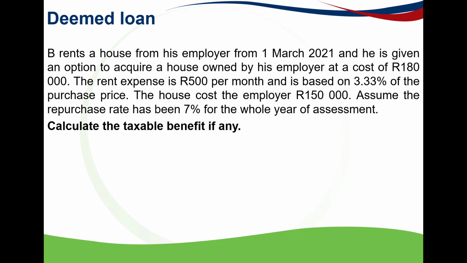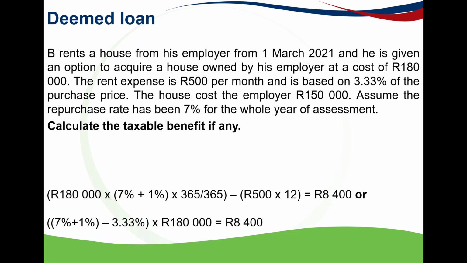We will take the cost that the employee would buy this house at, which is that 180,000. We take that and then multiply that by the official rate of interest. So how do we determine the official rate of interest again?